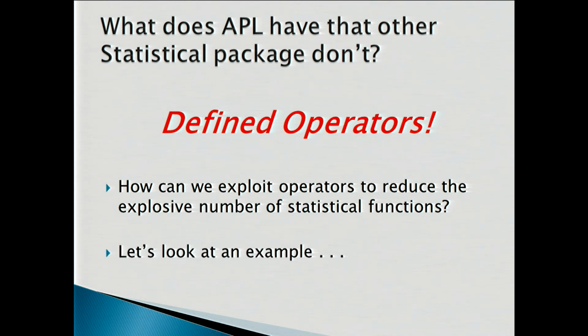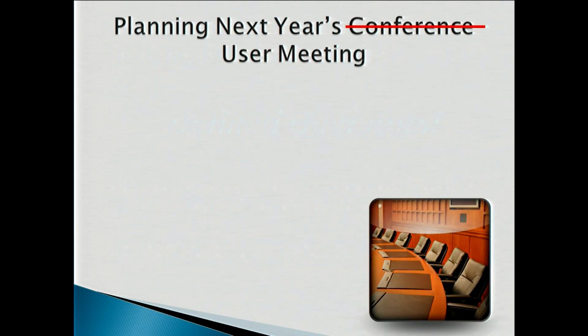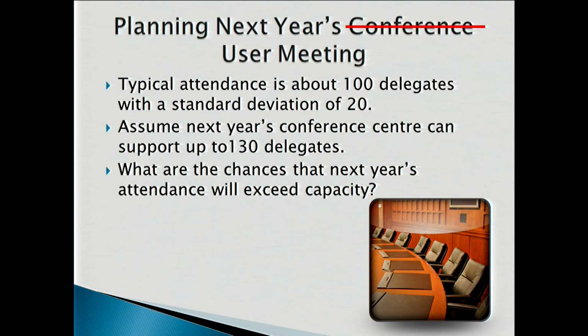So let's look at an example. How about planning next year's user meeting? I think typically the attendance was about 100. I think it was 80, and 110 last year. So let's say we have about 100 delegates typical attendance with a standard deviation of about 20.